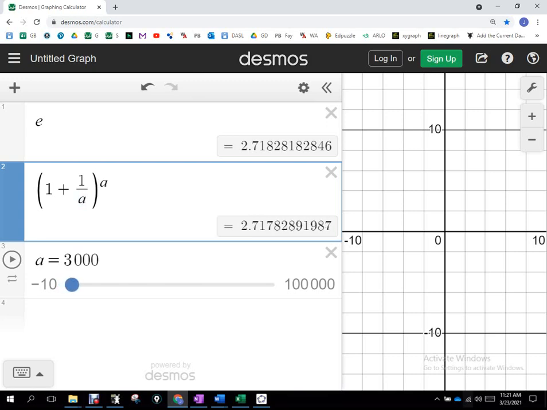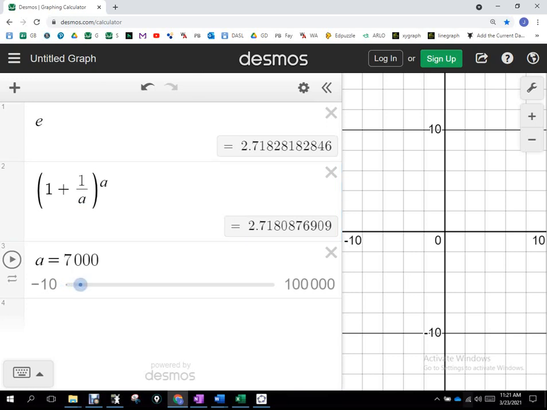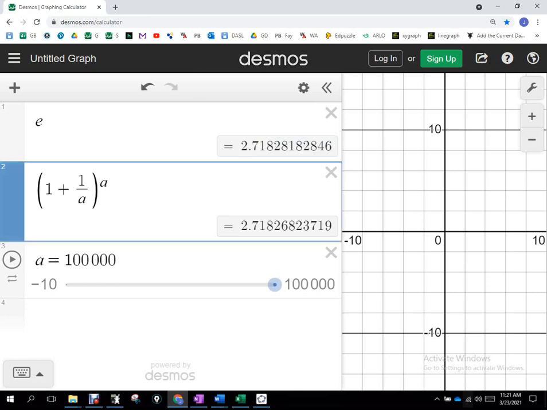But as A gets bigger and bigger, at 7,000 these numbers are pretty much static, and once I get up far enough that 2 is not changing. Basically he went through evaluation after evaluation, and found that as the A value got very, very large, even much larger than the 100,000 I have in here, we approach that number, which never ends and never repeats. So it's irrational. We call it e.